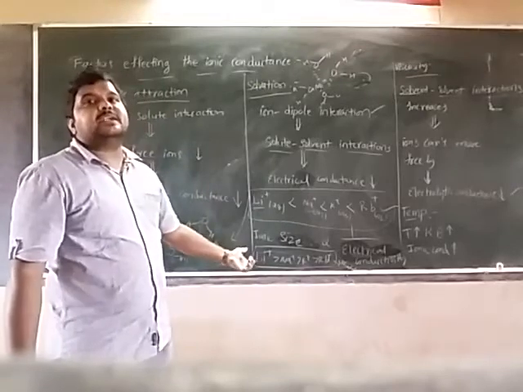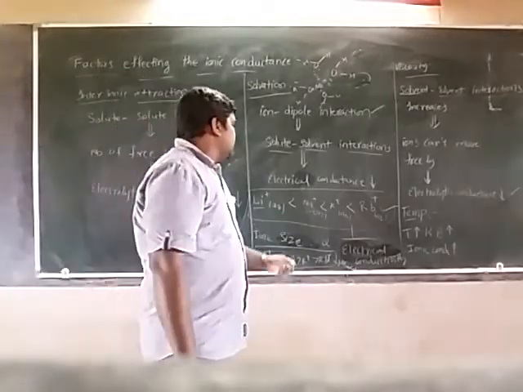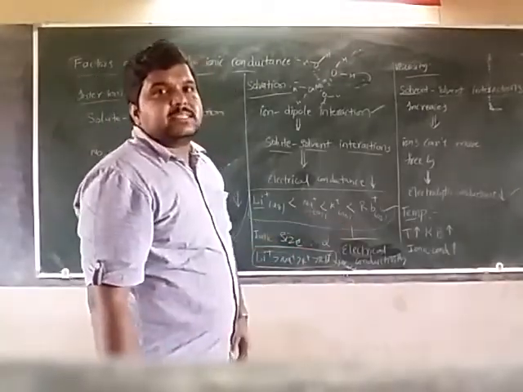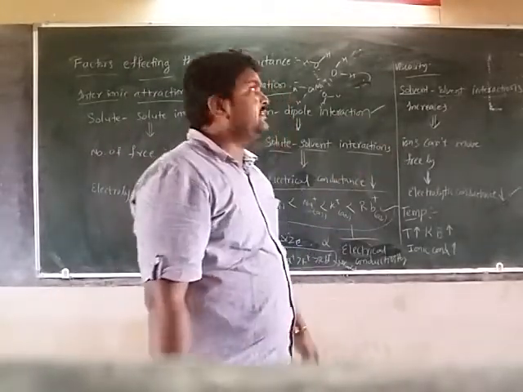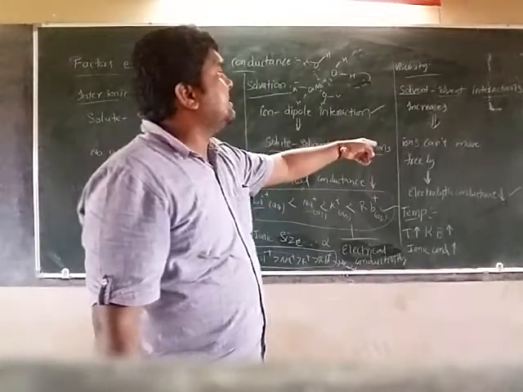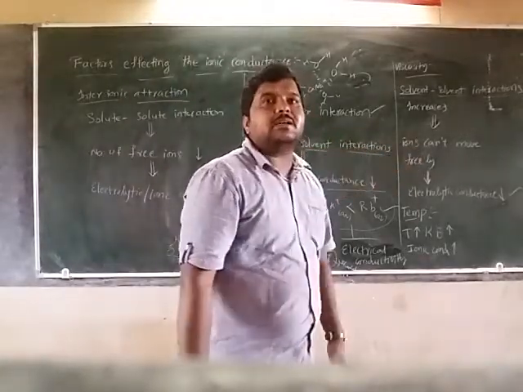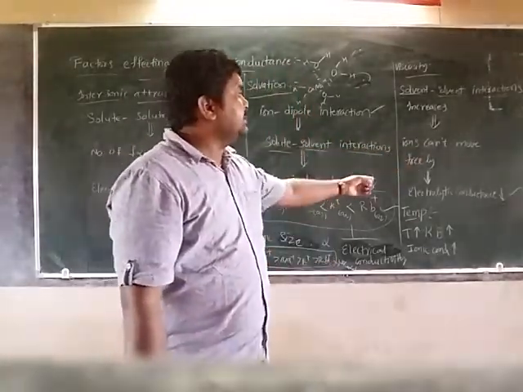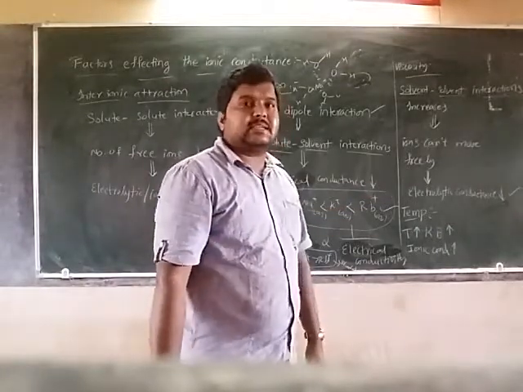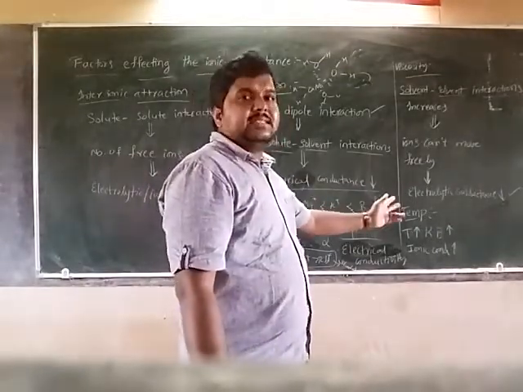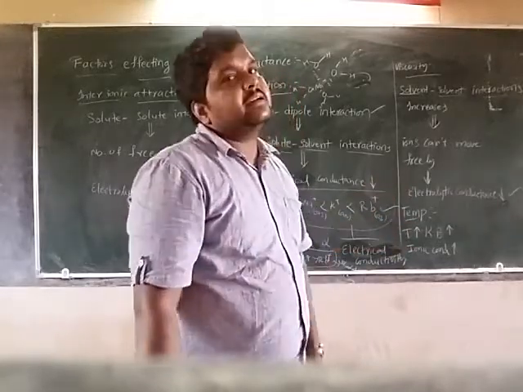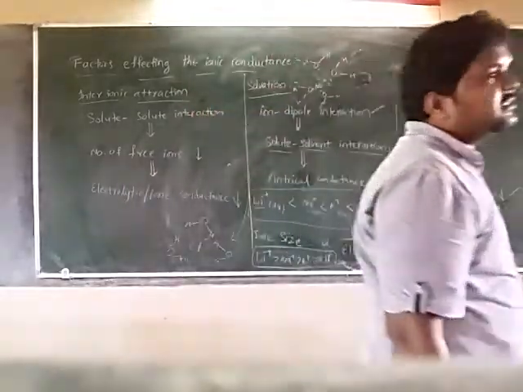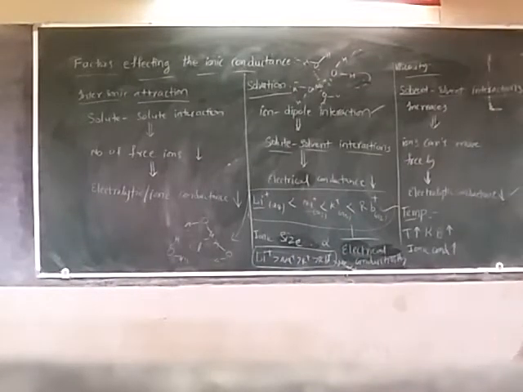Next, viscosity: solvent-solvent interactions increase, ions cannot move freely, and electrolytic conductance decreases. Next, temperature increases, kinetic energy increases, and ionic conductance increases. These are the factors influencing ionic conductance.